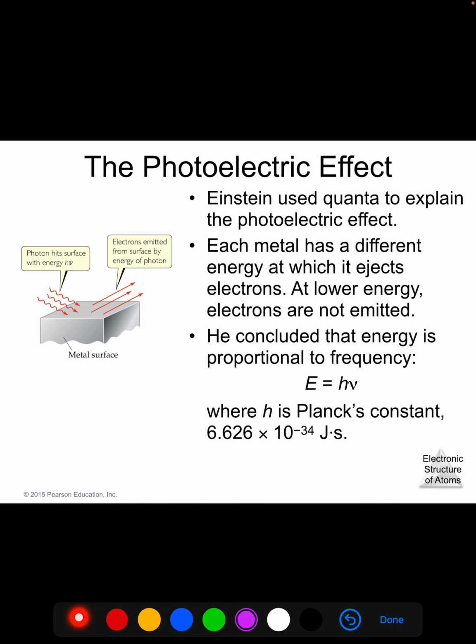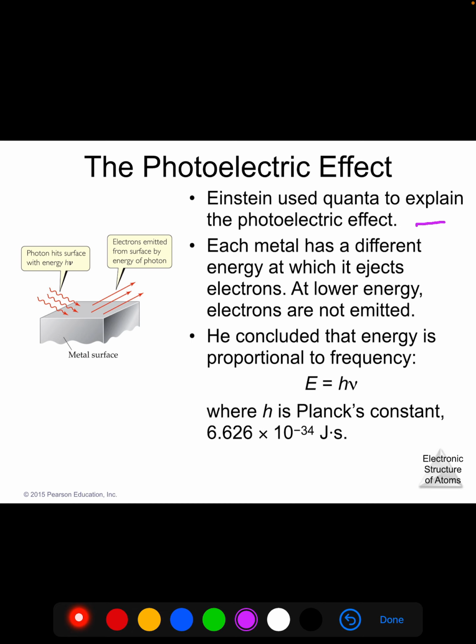And Einstein was looking at different metals to see how they behave in what's called the photoelectric effect. This is how solar cells and light detectors used in burglar alarms work, where you break the light beam, for example, and you shut off the current, which can itself be detected.